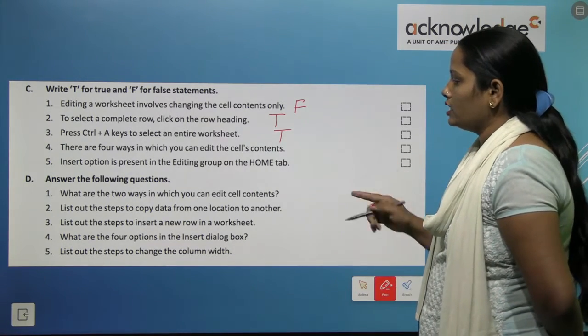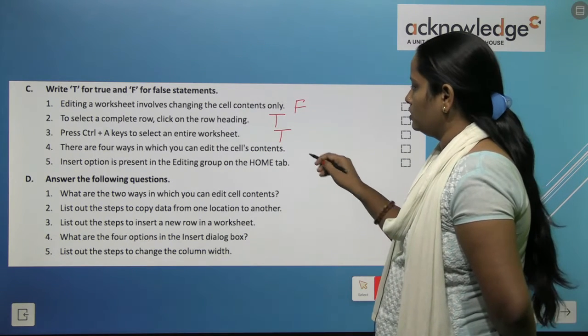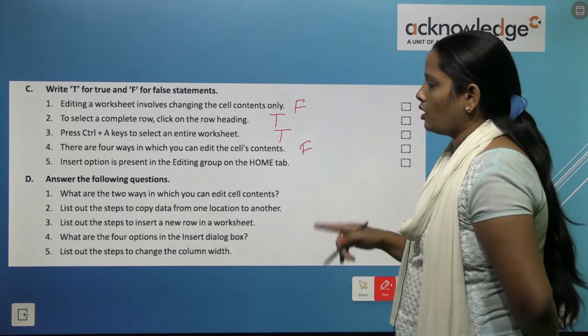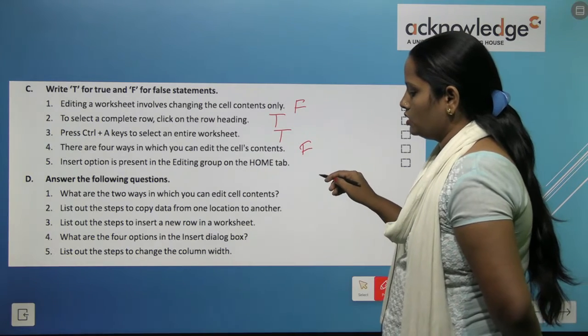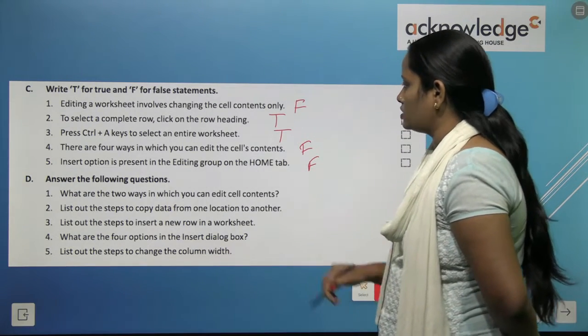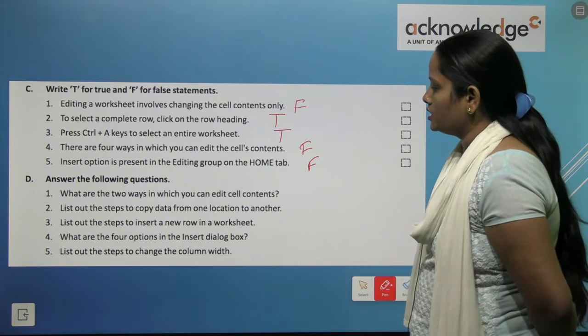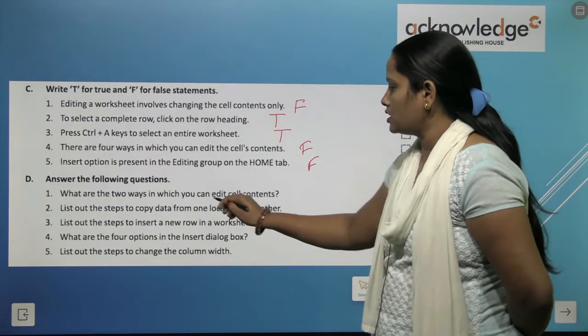There are 4 ways in which you can edit cells content. This is false. Insert option is present in the editing group on the home tab. So this is also false. Next is, what are the 2 ways in which you can edit cells content?